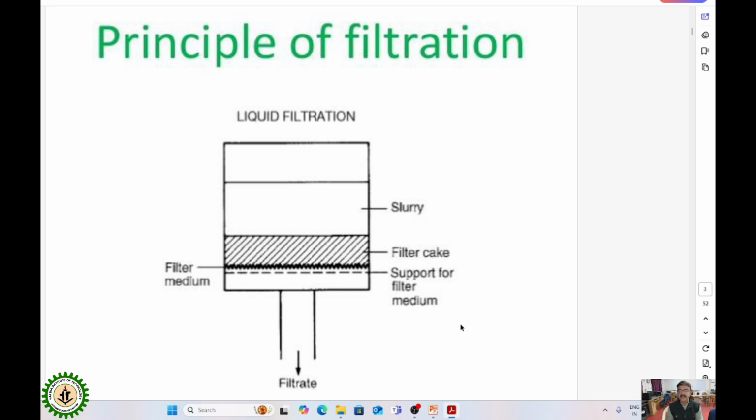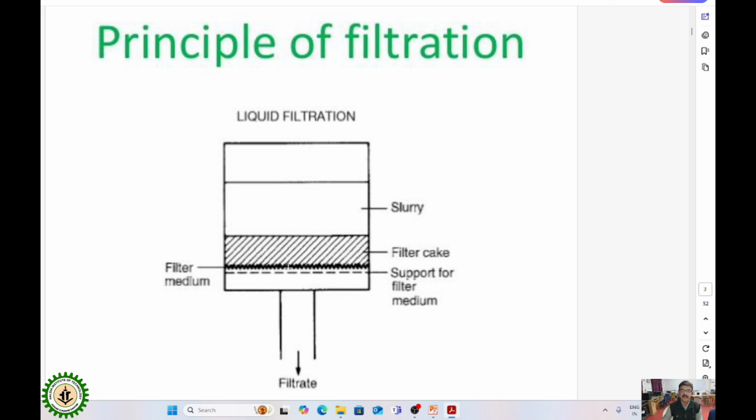Principle of filtration: if we see, one separator will be there, or filtering media, which will play the role of separating solid particles from the suspension. And this is the picture you see.